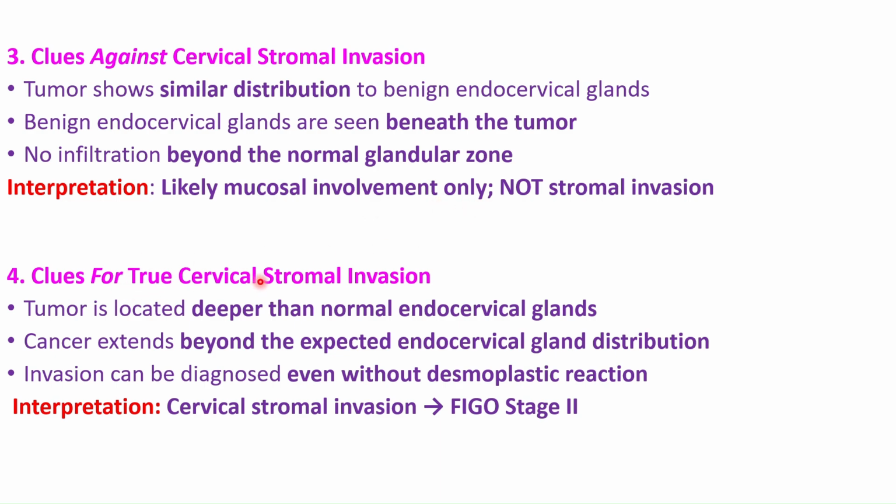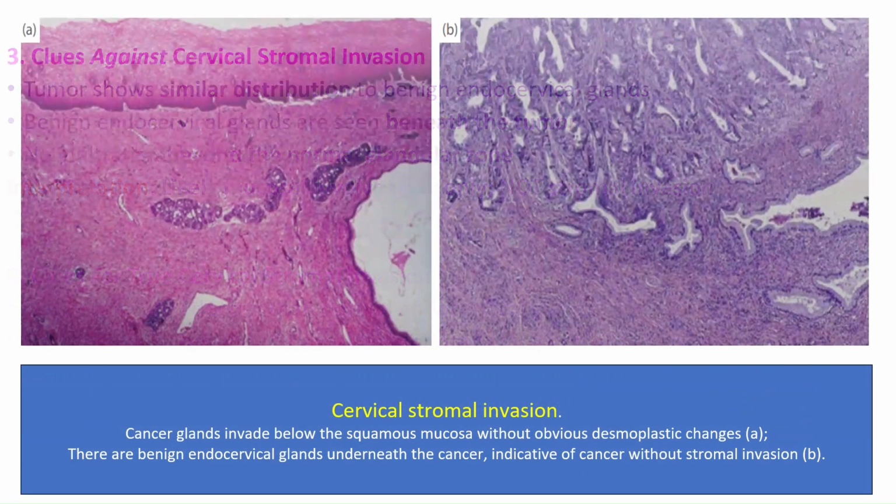Now for true cervical stromal invasion, the tumor is located deeper than normal endocervical glands. Cancers extend beyond the expected endocervical gland distribution, and invasion can be diagnosed even without desmoplastic reaction, and it is true cervical invasion and it suggests FIGO stage 2.